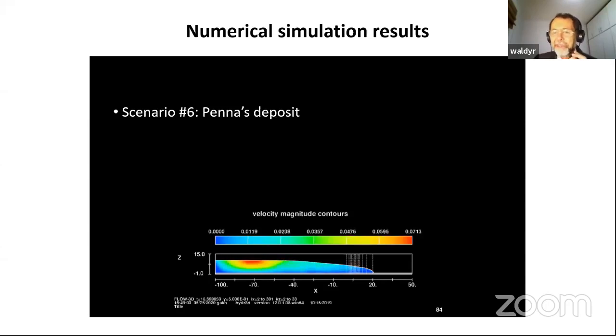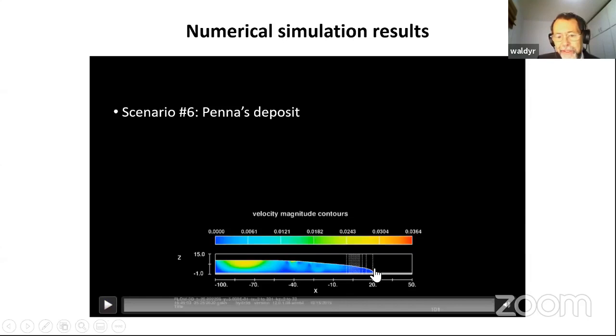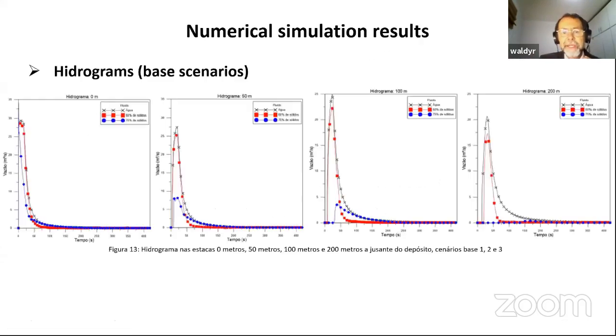The material reached a distance of 20 meters, no more than that. So it stopped deforming, not flowing, or stopped sliding at abscissa of 20 meters. You see also the angle of repose is much steeper than the other ones.